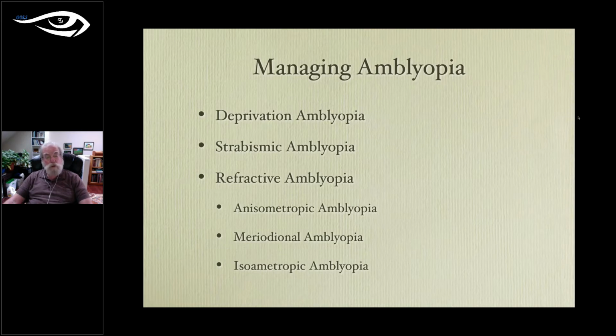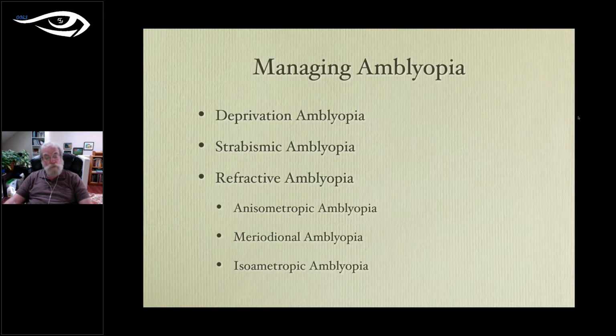We are going to spend more time talking about refractive amblyopia, and there are three major categories: anisometropic amblyopia, essentially a difference in sphere or cylinder between eyes; meridional amblyopia, present when you have a large amount of astigmatism; and isoametropic amblyopia, when you have very high refractive error, typically hyperopic, but under some circumstances myopic as well.